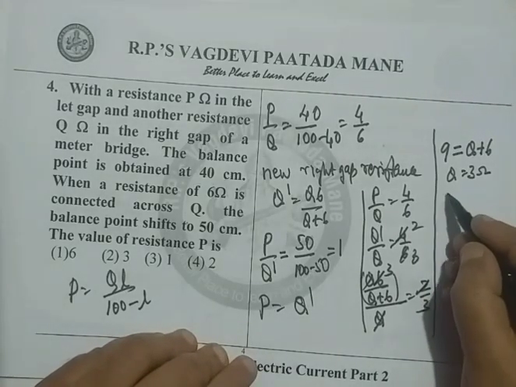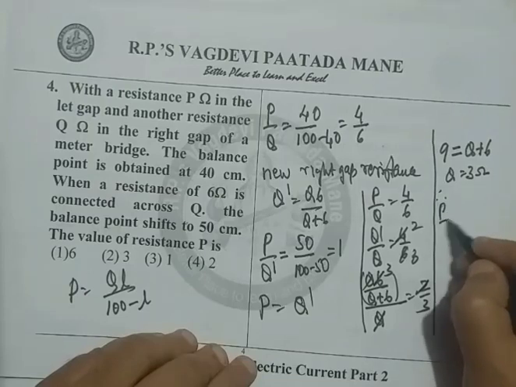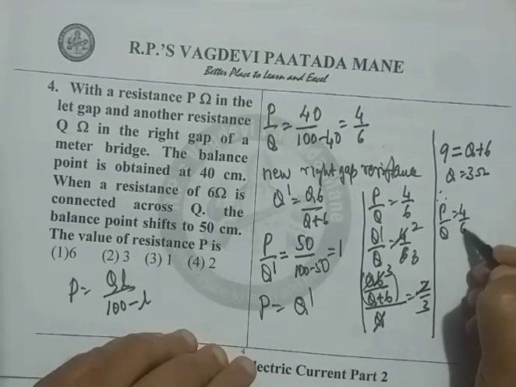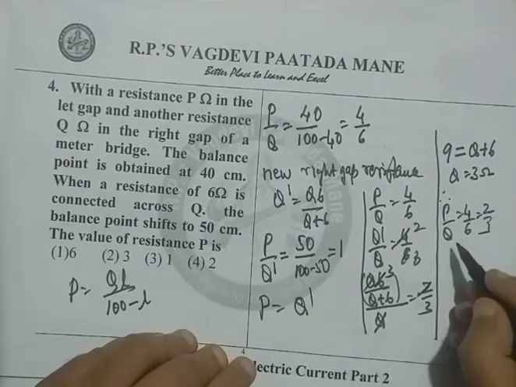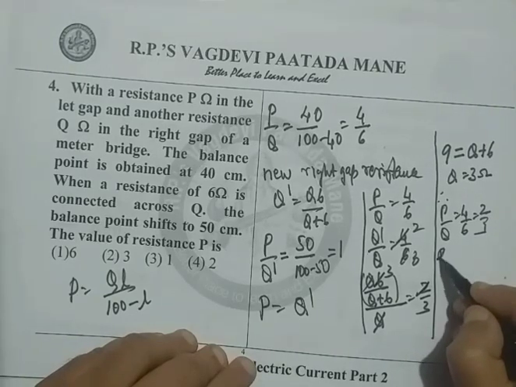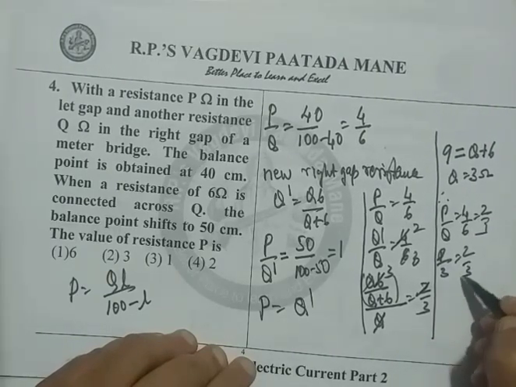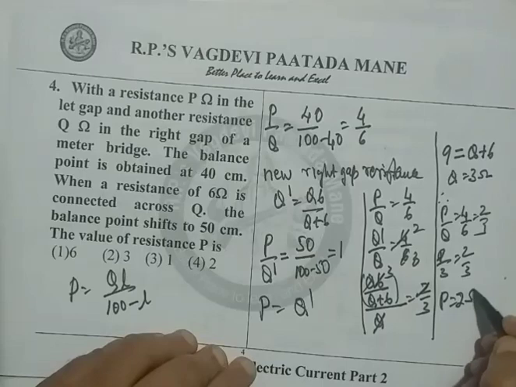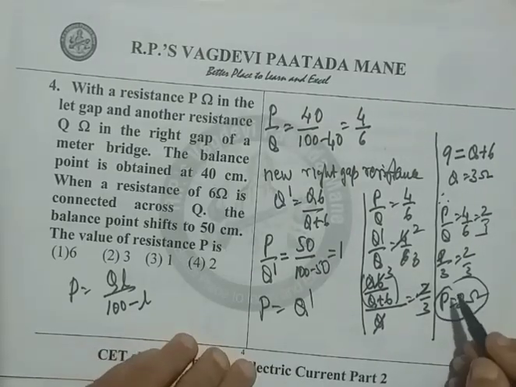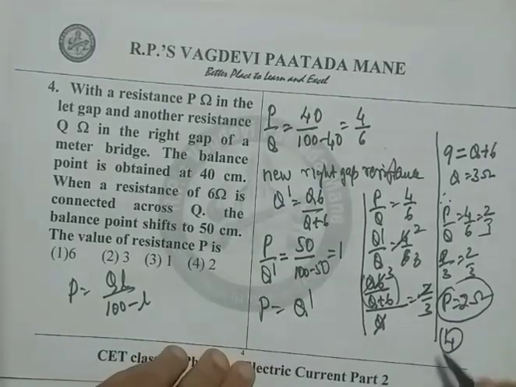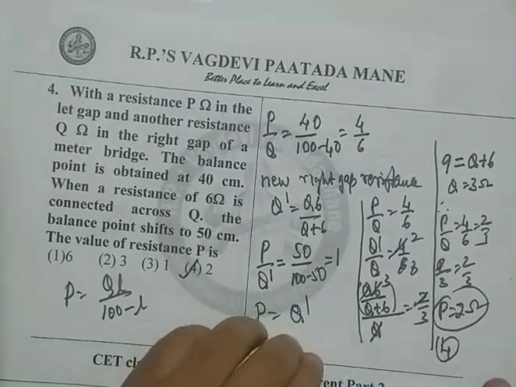Q is 3 ohms means P by Q is 4 by 6, which is 2 by 3. P by 3 equals 2 by 3. So P equals 2 ohms. Therefore, option 4 is correct.